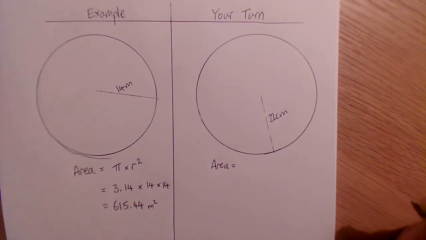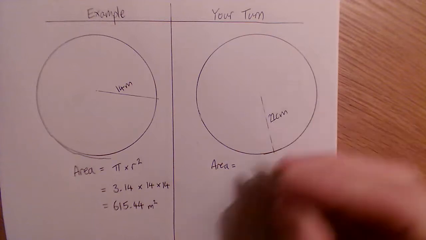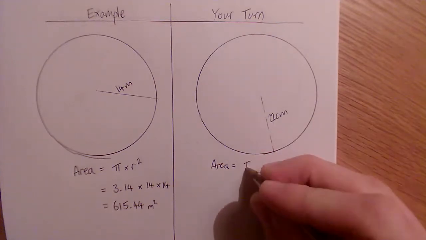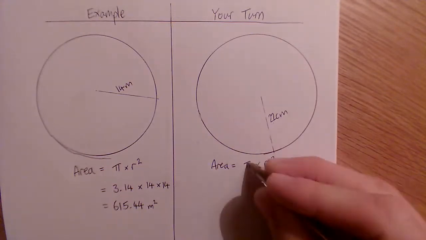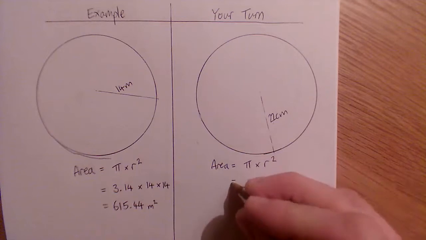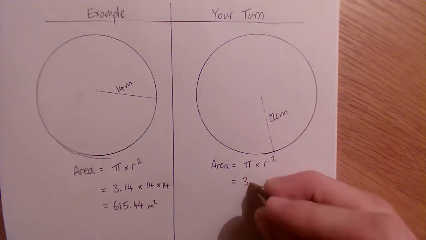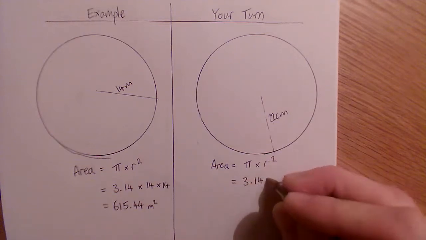Okay, so hopefully you've had a go at that using the 22 centimeters that I gave you. So our formula is pi times r squared. Always write your formula first. Instead of the pi, we use 3.14.